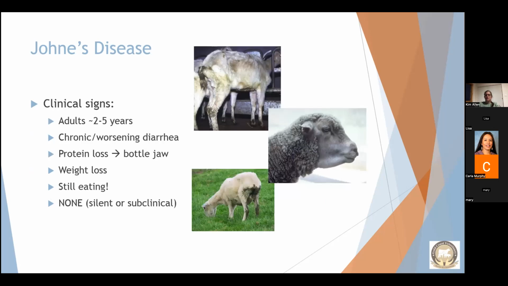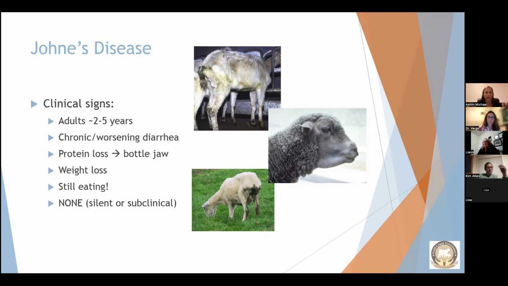The clinical signs of Johne's disease, typically it's in adults, 2 years to 5 years. They'll typically have a chronic or worsening diarrhea. It typically does not contain any blood or mucus. They won't be straining. In small ruminants, sometimes they won't even have diarrhea, or they could have just clumping of feces.